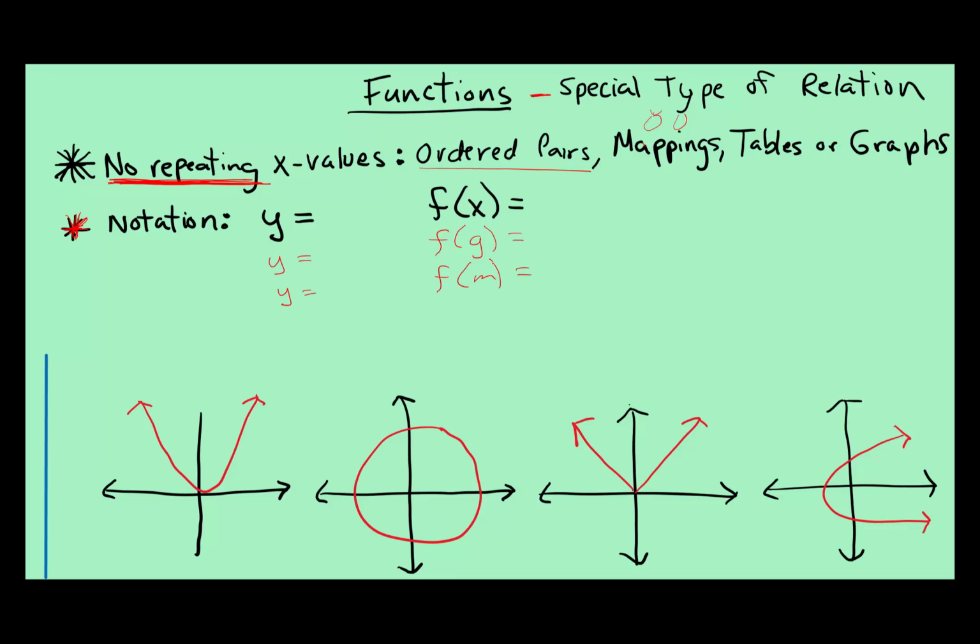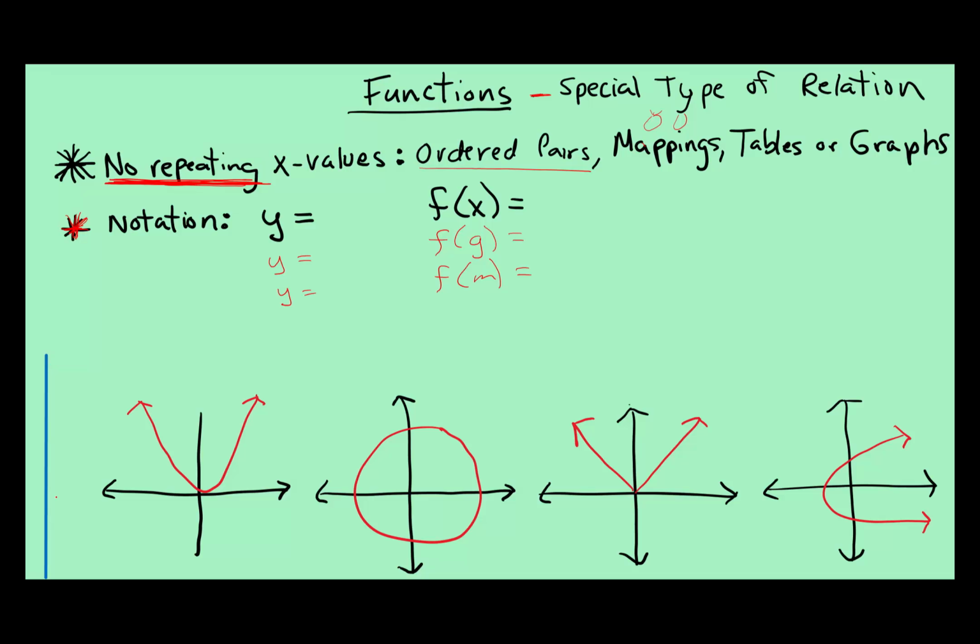Okay, so when I'm talking about repeating x values, there is a special test besides just paying attention: are there any repeating x values? When you go to graph it, you can do what's called a vertical line test.